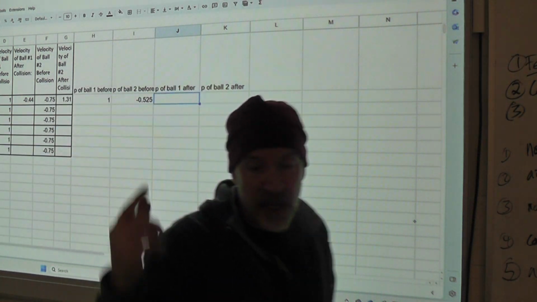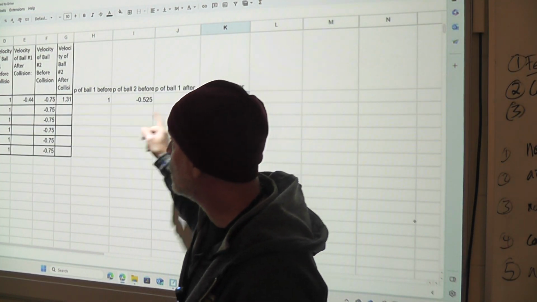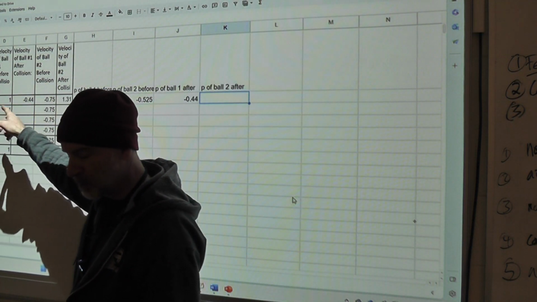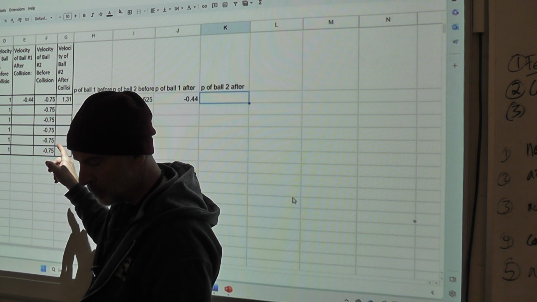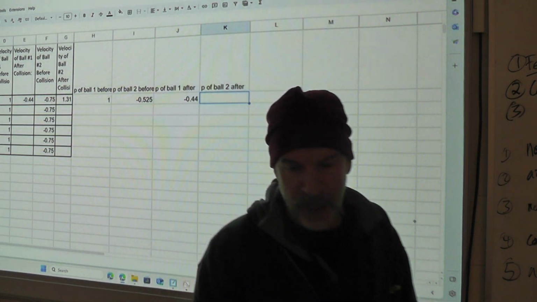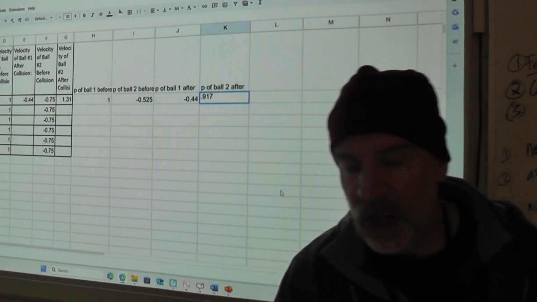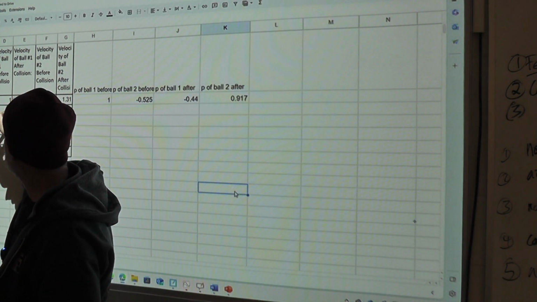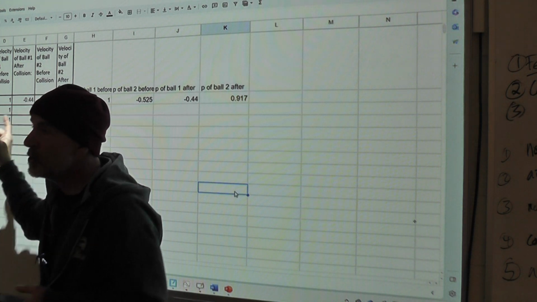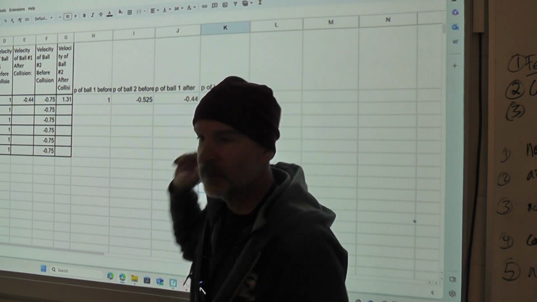The negatives matter, so this is negative 0.44. And the momentum of ball 2 after the collision, I can't do that math in my head, it's 0.7 times 0.31, so that's 0.917. The units here would be kilograms for the masses, meters per second for the velocities. So these momentums should be in kilogram meters per second, okay?